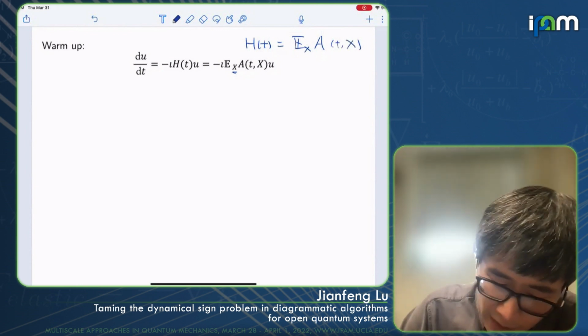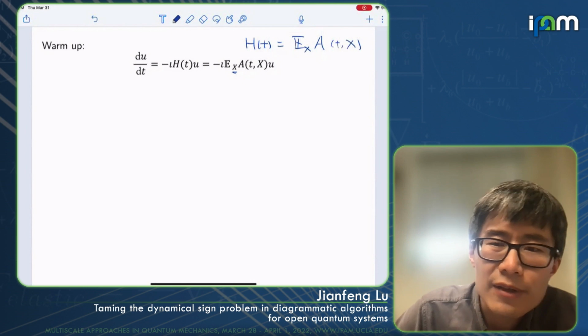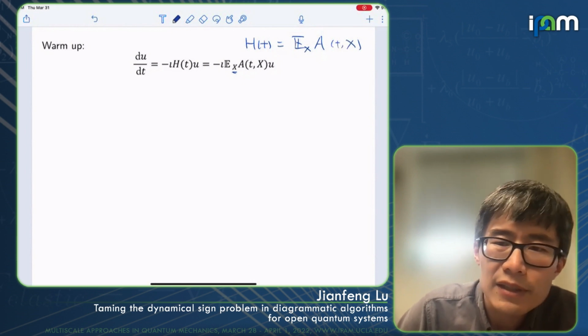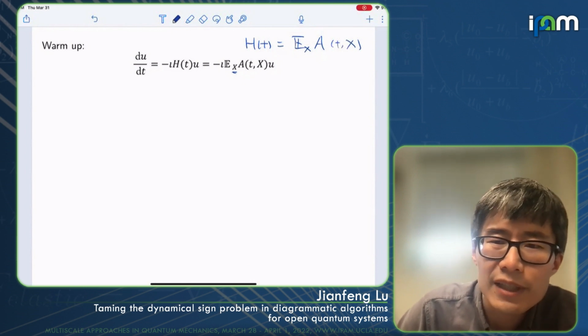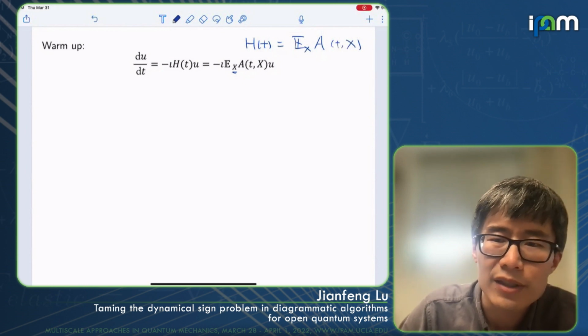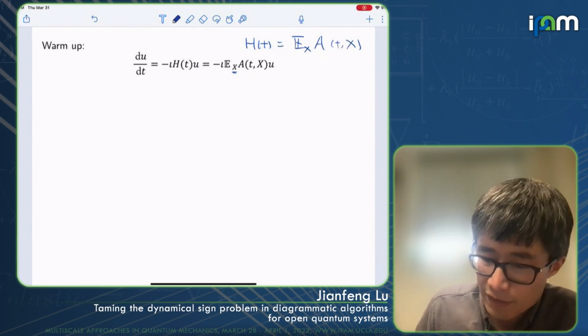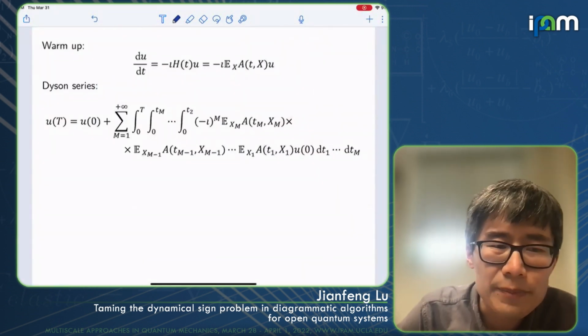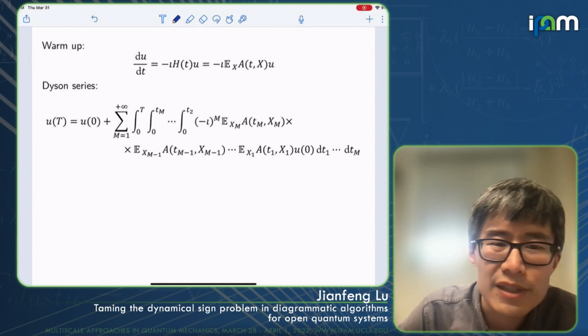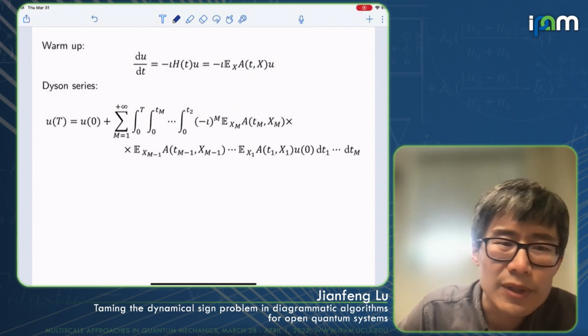Now, it's a time-dependent Schrödinger equation, and I think for the physicists and the chemists in the audience, it's immediately clear what you need to do: write down the propagator as a time-ordered exponential and expand it. This is, of course, the so-called Dyson series, and for mathematicians, this is nothing but Taylor expansion. This is the formula that you would get.